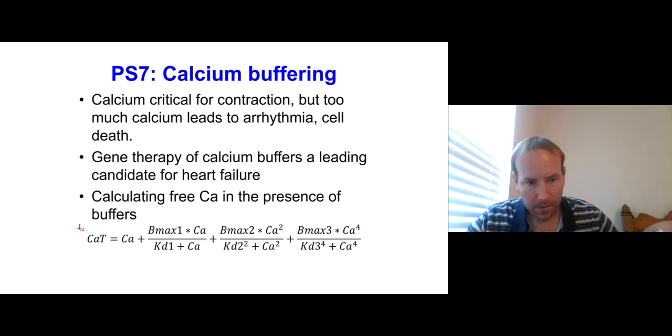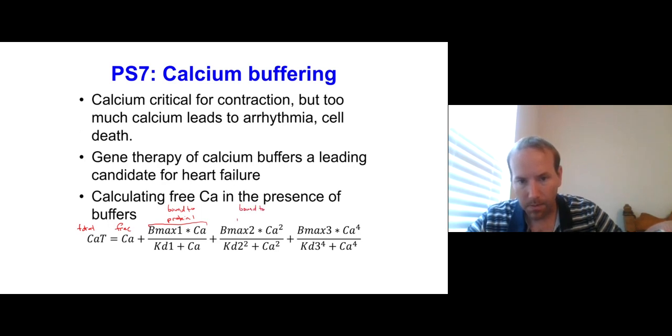We have a term for the total calcium, a term for the free calcium, a term for the amount of calcium bound to protein 1, the amount bound to protein 2, and the amount bound to protein 3.